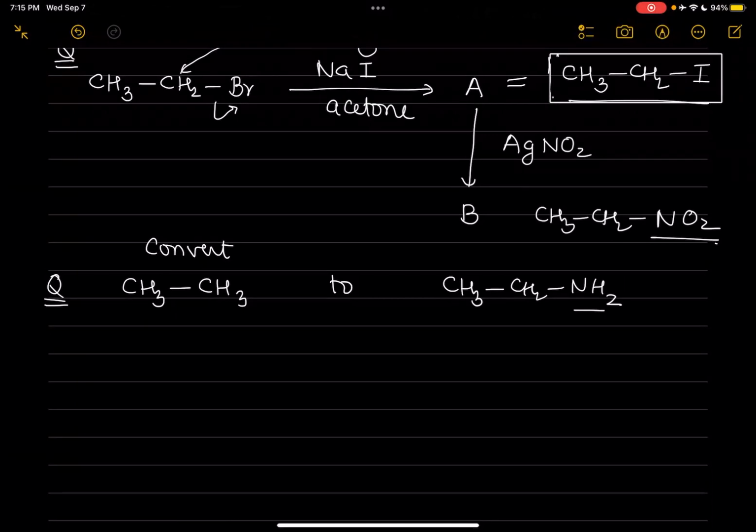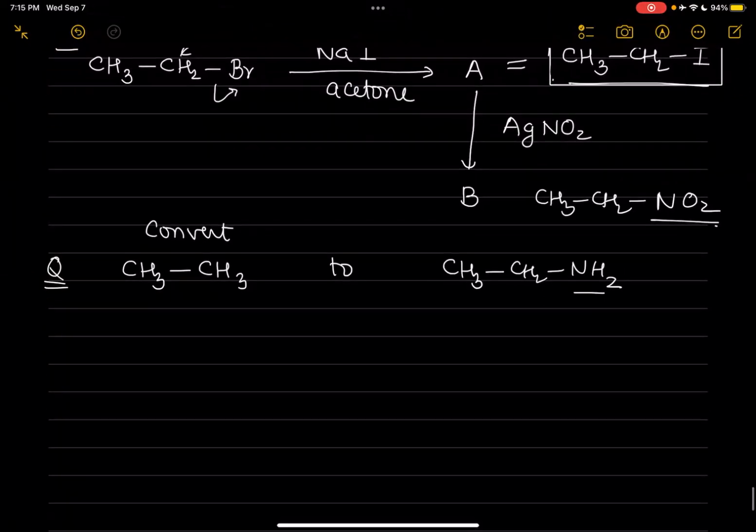Just now we have seen in the table, you can bring the NH2 group by heating with ammonia. Ammonia is a nucleophile, NH3 is a nucleophile. Right, Zain? How are you going to convert? Any idea? What set of reagents do you need?